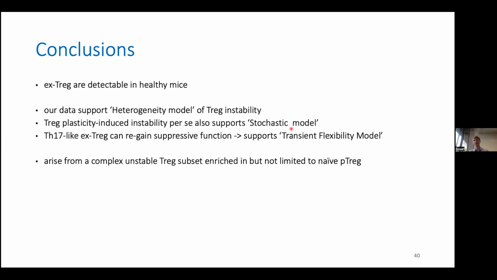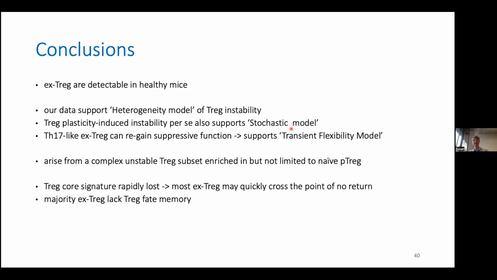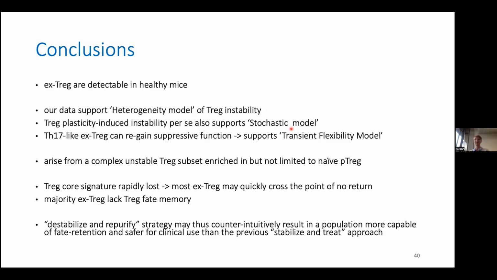So in conclusion, the unstable Treg are a complex subset that are enriched in naive pTreg and RTE. And it looks like once the Treg core signature of these unstable Treg is lost, they very quickly cross the point of no return, and the majority of them will actually lack Treg fate memory.